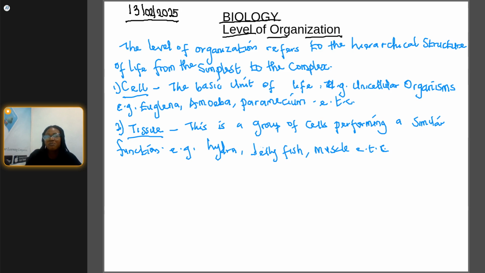For instance, we have a plant tissue called xylem.